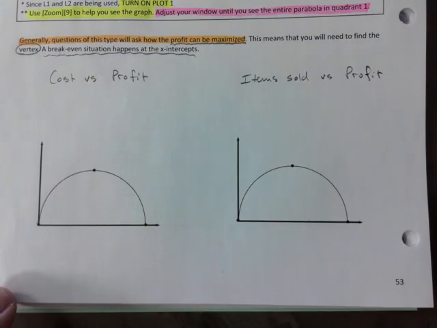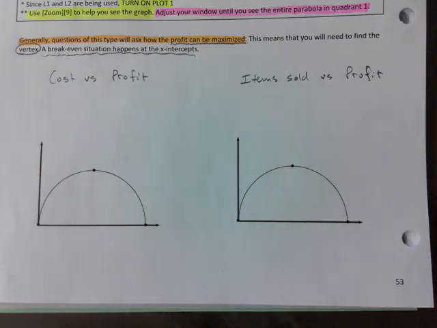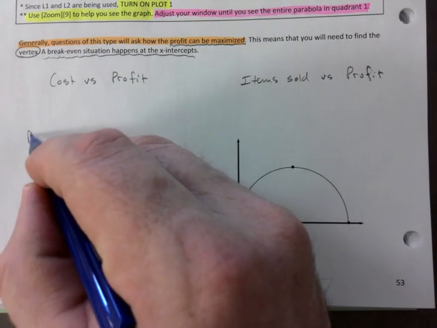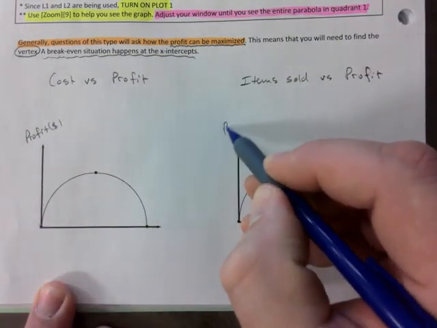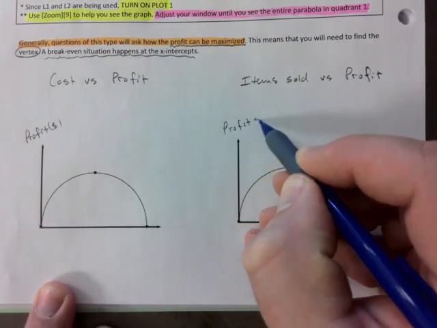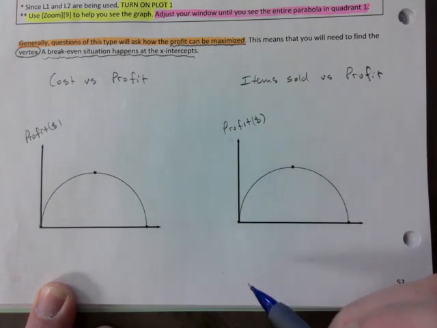So this you make two scenarios. Regardless of which scenario you're working with, profit always goes on the y-axis. Okay. That doesn't change. So profit here, profit there, in dollars.